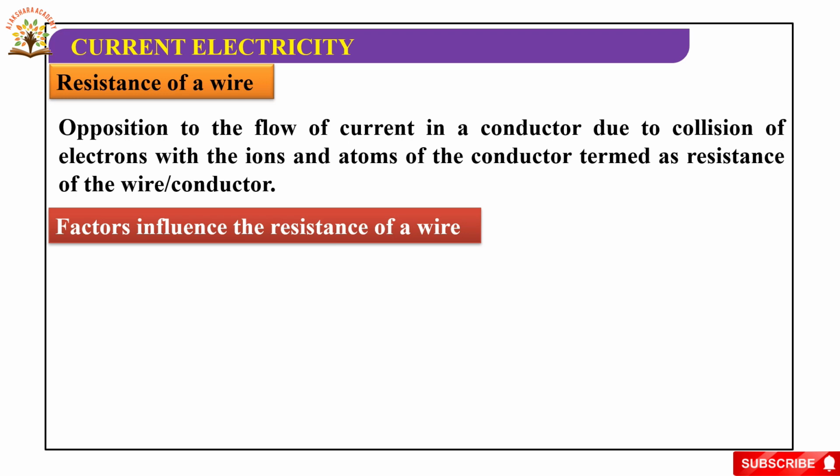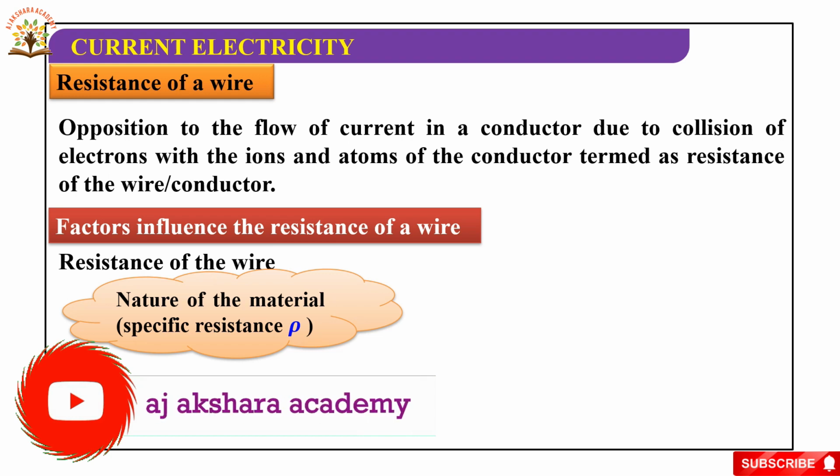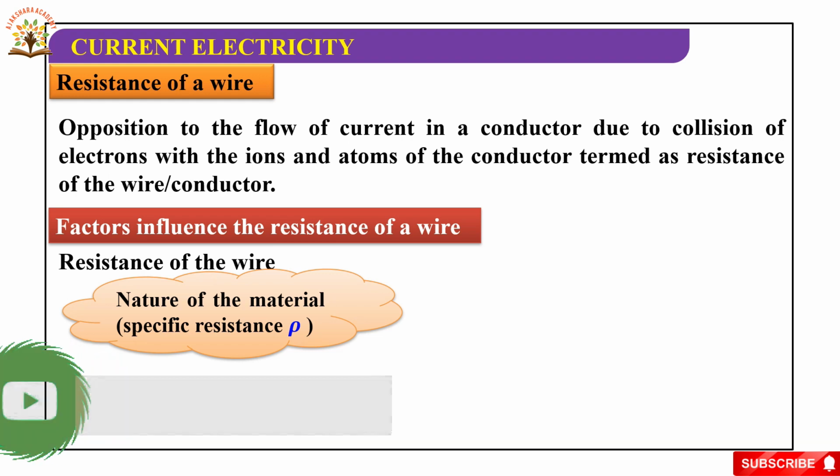Now, what factors influence the resistance of a wire? Let us discuss. First factor: resistance of a wire depends upon the nature of the material, specific resistance, rho.